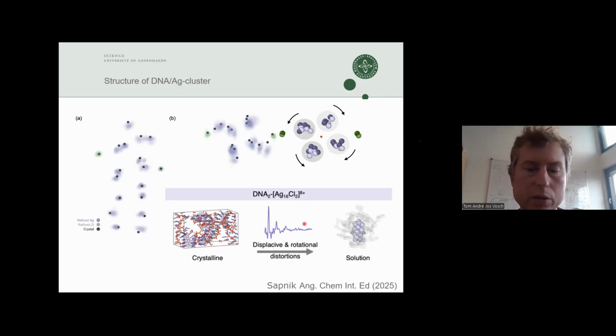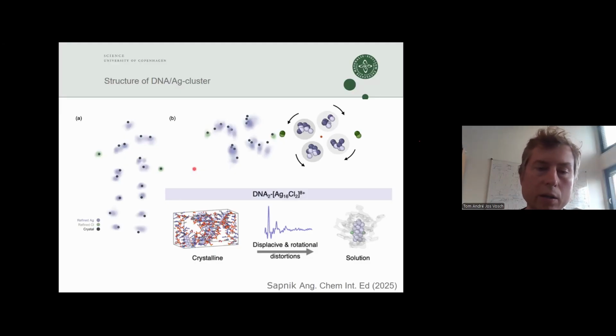There are some additional rotational and displacement distortions, as you can see here. The black dots are the positions of the atoms in the crystal, while the more vague areas are the refined positions in solution. So that's nice. That could also open up possibilities to study clusters in solution, especially if some of the properties are dramatically different in solution than in the crystalline state.